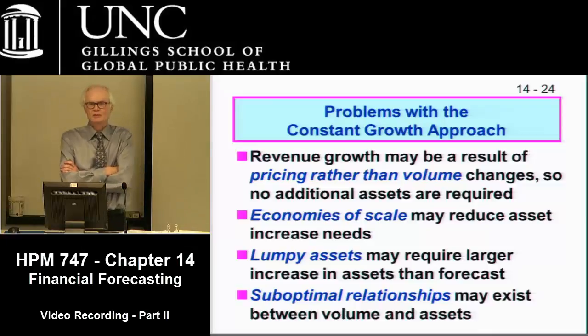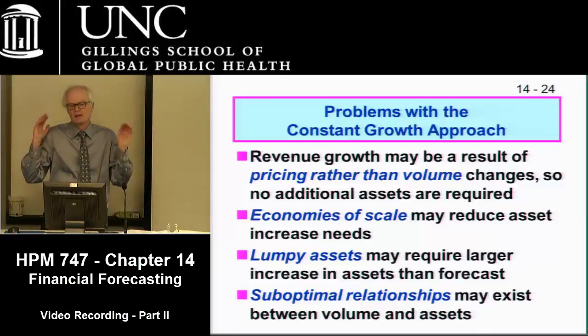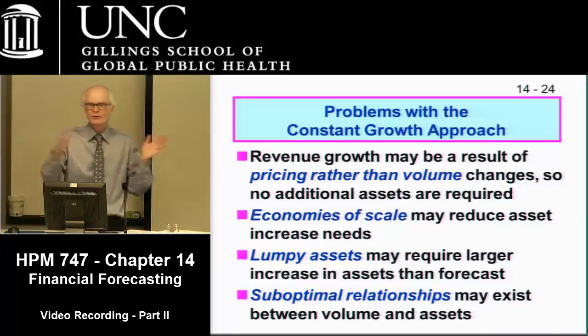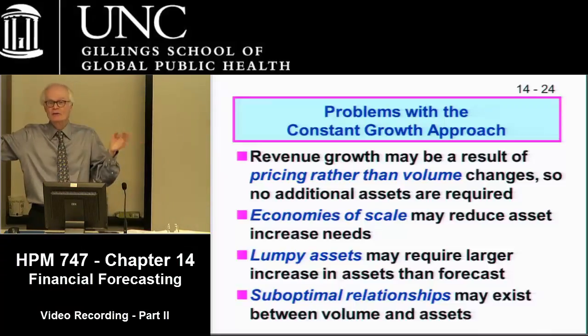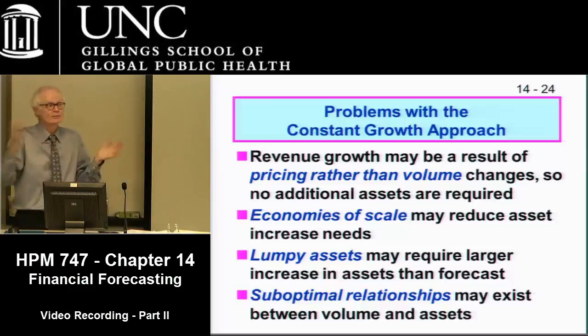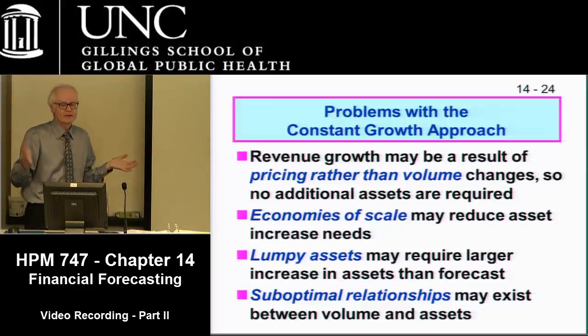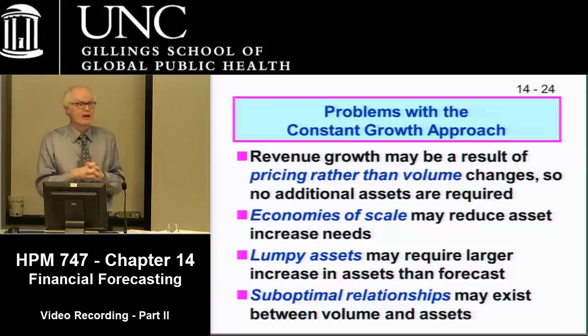That's a great example. So up to 50,000 IV vials, you get a certain amount, $1 per vial. If you buy 100,000, you get 80 cents per vial. They're volume discounts. That's an example of economies of scale.